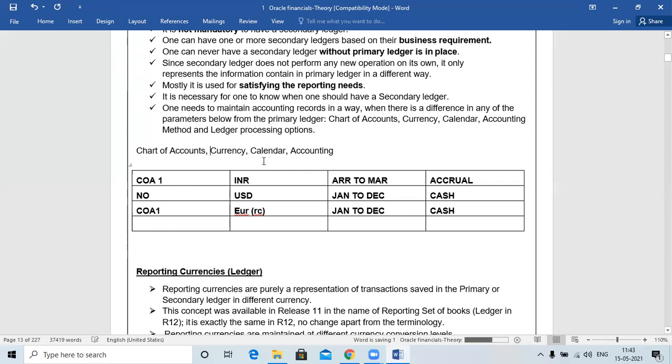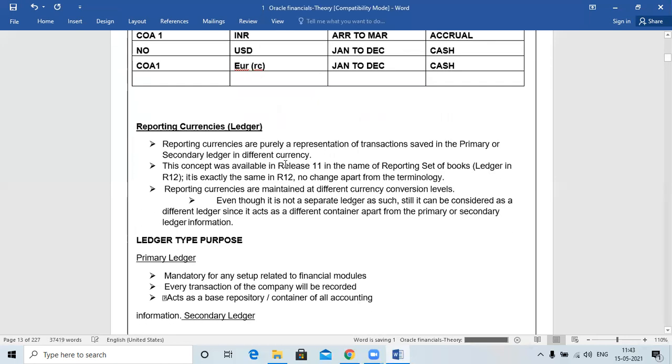What is a reporting currency? It is purely a representation of transactions, so you cannot create anything. It is the representation of the transaction saved in a different currency.